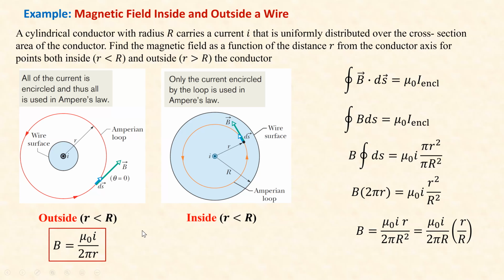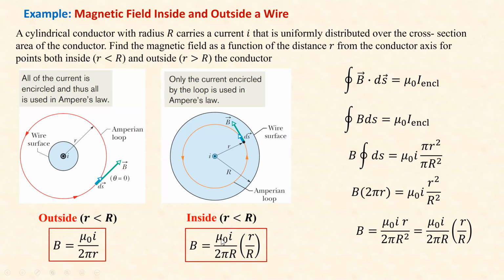You see, this is similar to the cylindrical shell theorem that we talked about. All right, so this is the magnetic field for the case when r is less than R. In the case when r is greater than R, you're outside the wire, and it acts like a long, straight, thin wire.